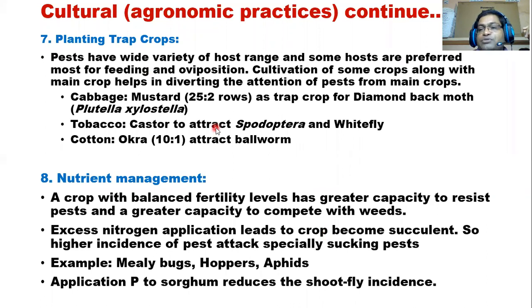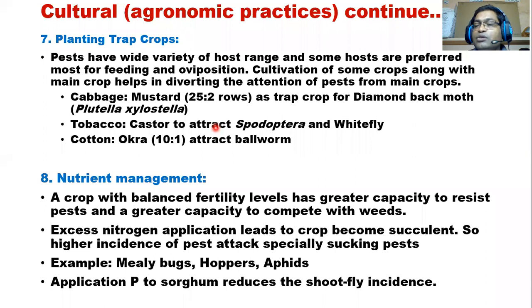Planting trap crops. Trap crops, I already explained in the disease management. Trap crops mean these crops are going to divert the pest from your main crop. For example, cotton bollworm is a very big problem in cotton cultivation areas.